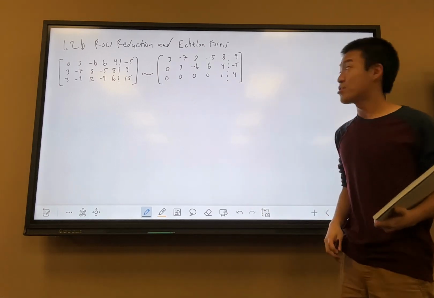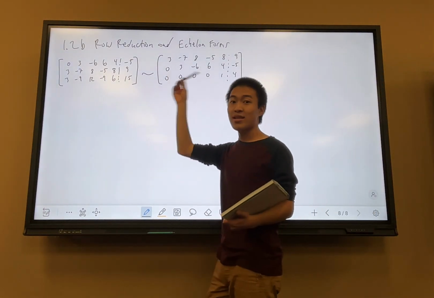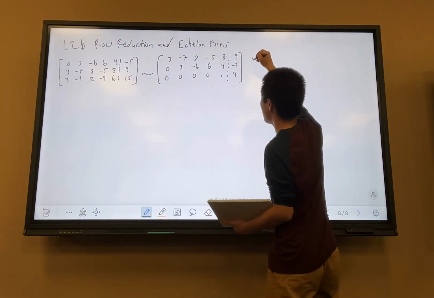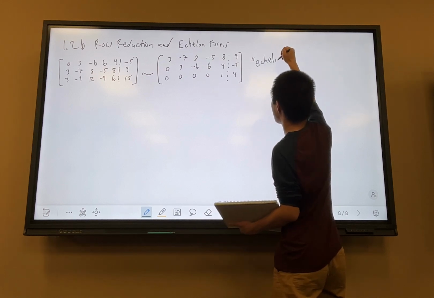So I'm going to now address the question: how did I know that I could stop here? How did I know that this was in echelon form?